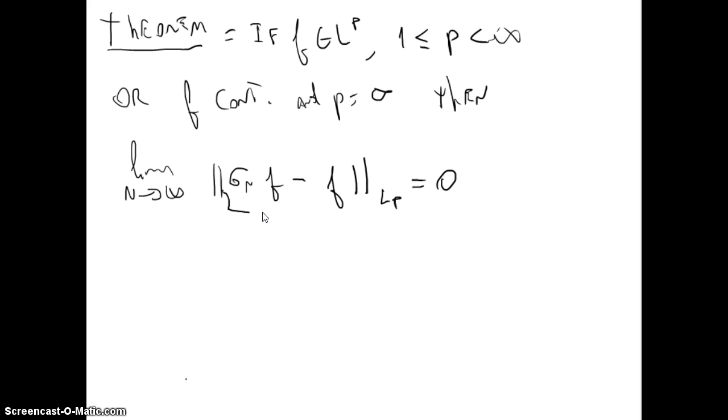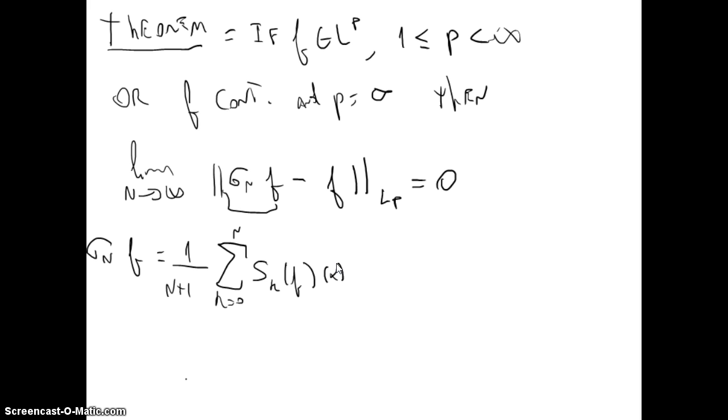So recall that this sigma_n f, we defined it as the Cesaro summation of s_k f(x), and that when we consider this as being the Fourier series, then this was the integral from minus pi to pi of f(y) times the kernel at x minus y dy.